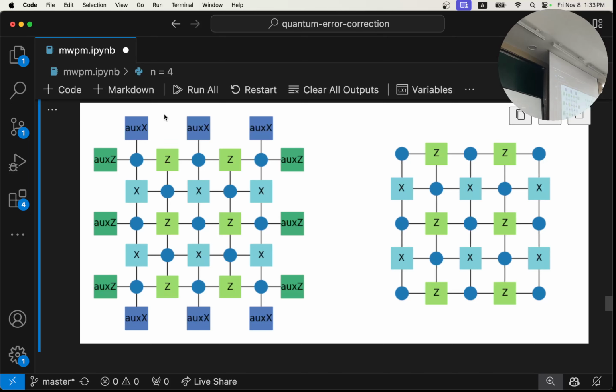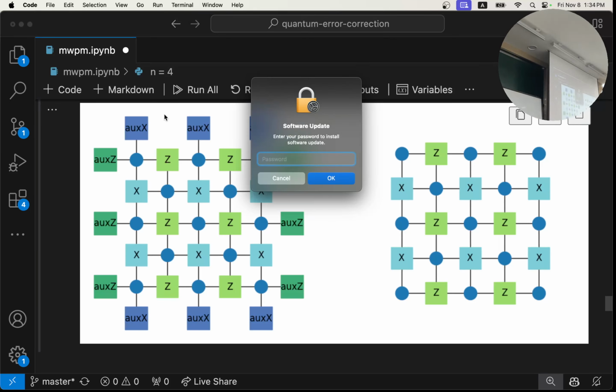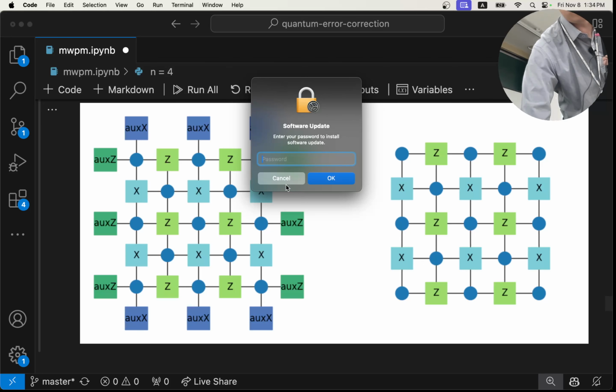So if your read off is 0, then there is only an even number of -1 eigenstates, and if the read off is 1, then you can tell that there is an odd number of -1 eigenstates attached to that stabilizer. So that's basically the principle.